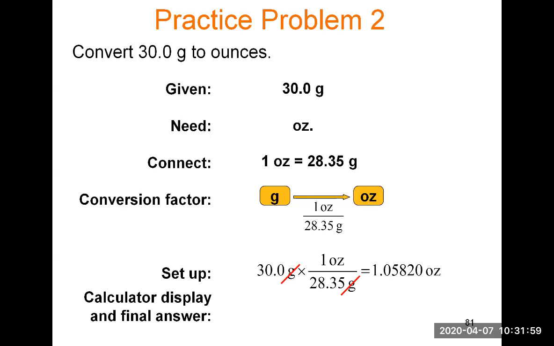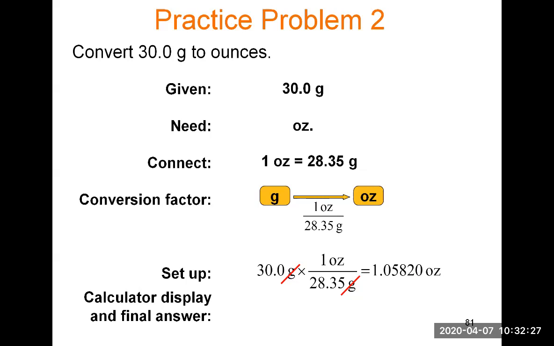When you want to calculate this in your calculator, you do 30 divided by 28.35, and that's the calculator answer written there. So we will need to pay attention to significant figures. So 30.0, how many significant figures in there? It's 3 significant figures, right?